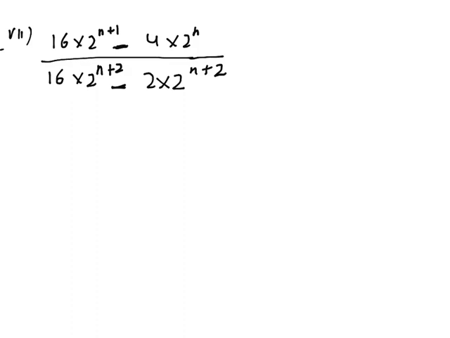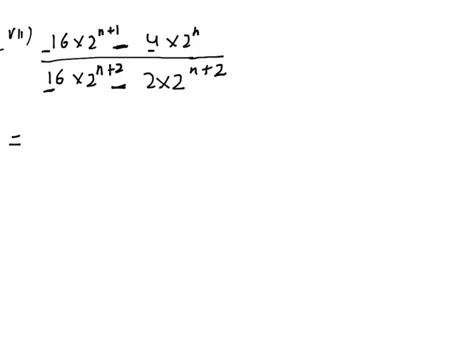So what we will do, first of all, we will make the whole expression in base 2. We will find the prime factors of 16 and 4 and write them with base 2. Then only we can solve this question further.